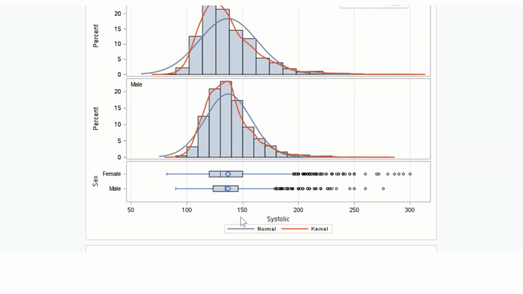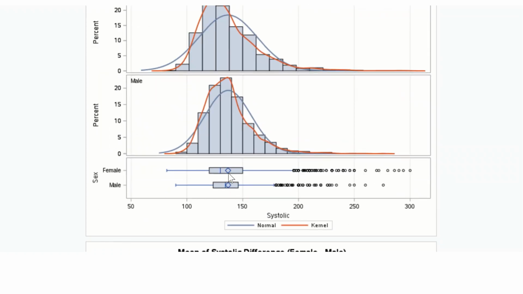And in the box plot at the bottom, you see that the mean is at almost the same level for females and males, but the median, which is represented by this vertical line, is much lower for the females compared to males.